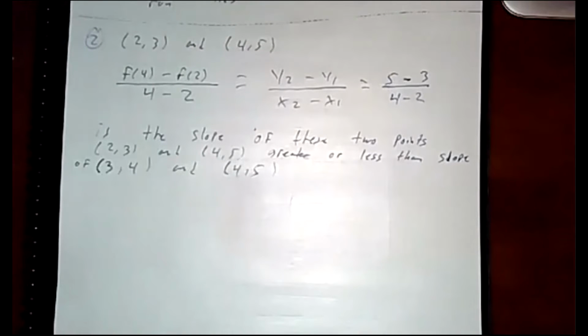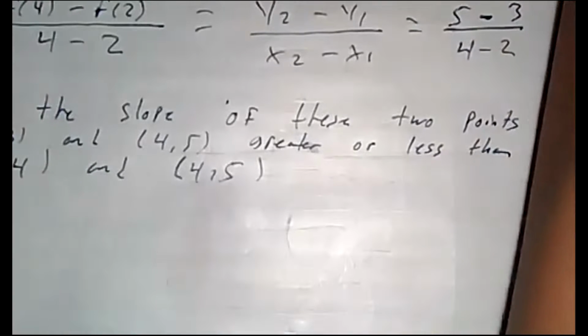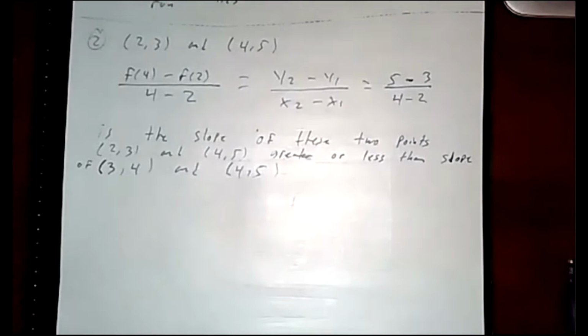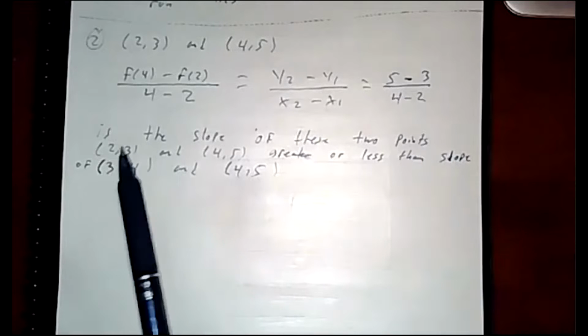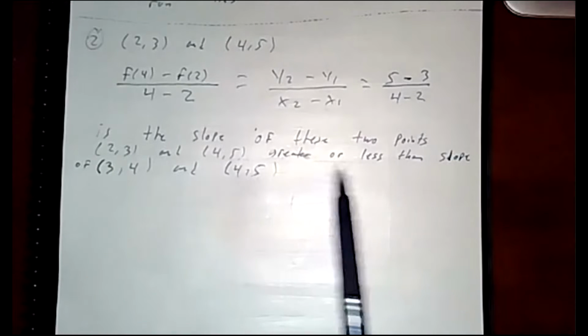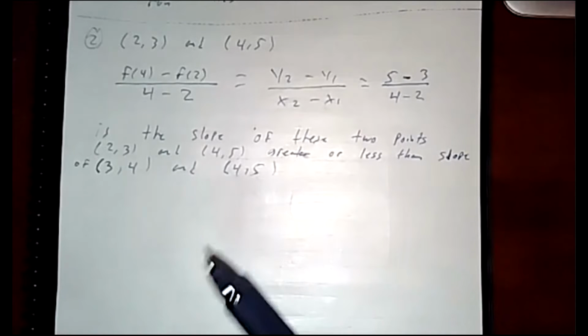Okay. Now I got my thoughts together finally. Sorry about that. Okay, so is the slope of these 2 points, 2, 3, and 4, 5, greater or less than the slope of 3, 4, and 4, 5? That is what the question is saying.